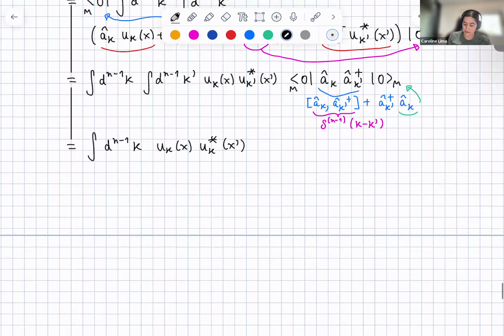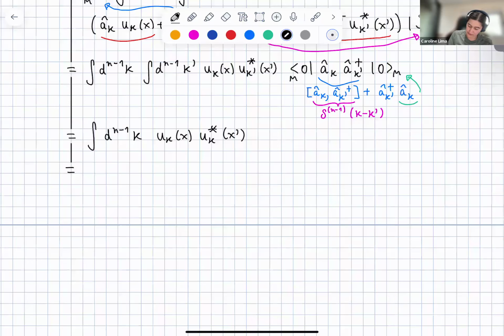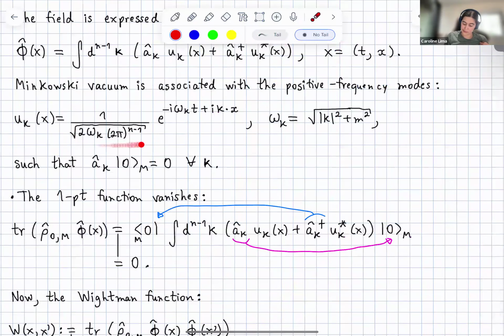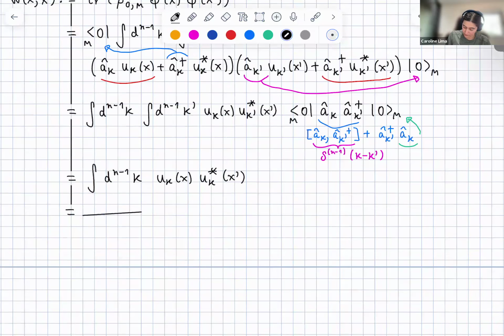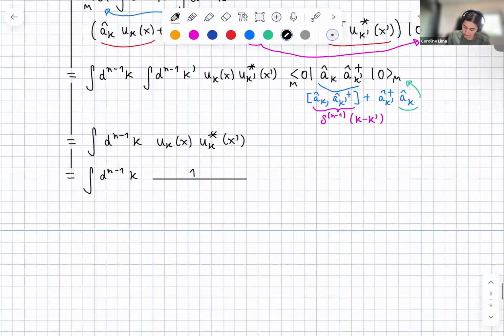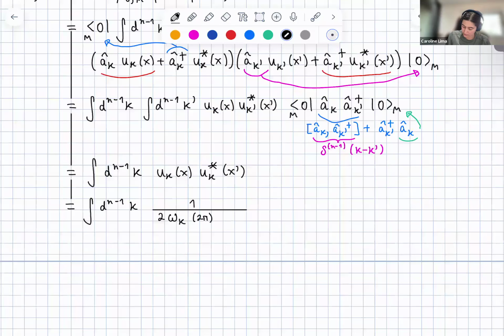Okay, and if I write this in terms of the mode, so if I just go back here and explicitly write what I'm going to get, this is going to be the integral over d^(n-1)k times 1 over 2 omega_k times (2 pi)^(n-1) times e to the minus i omega_k (t minus t prime) plus i k dot (x minus x prime).